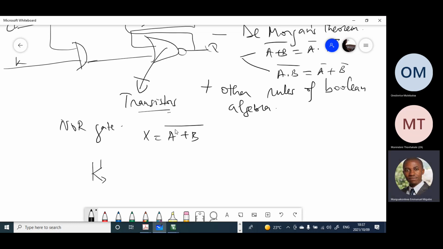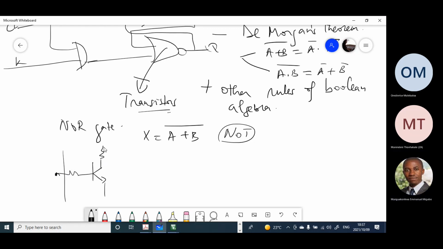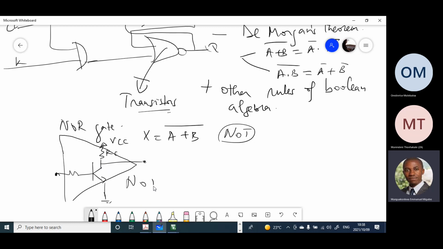If you go with the inversion part, meaning the NOT part, you would have the transistor as a switch controlled from its base. You have a pull-up resistor on the collector, pulled up to VCC. You have ground and you've got the output here. So that will be your typical NOT gate.